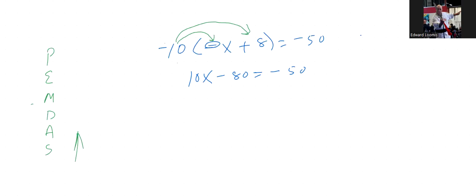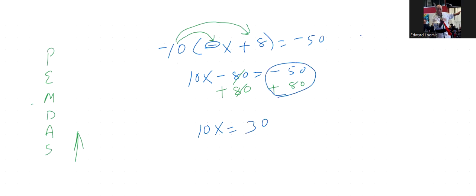I see that I'm adding a negative 80, or I'm subtracting 80, however you want to think of it. I'm going to think of adding a negative 80. So I'm going to do the opposite of a negative 80, which is a positive 80. My negative and positive 80s cancel. So I end up with 10x equals 80 minus 50, which is 30.